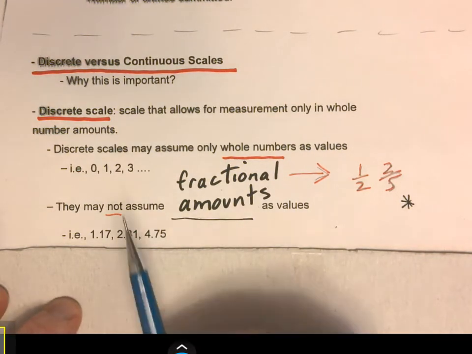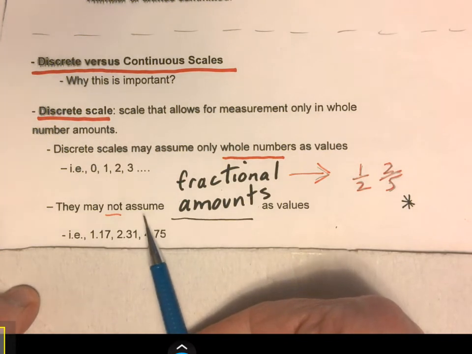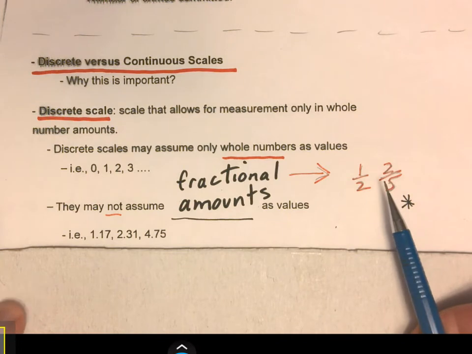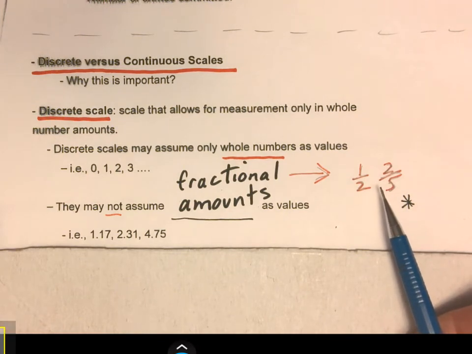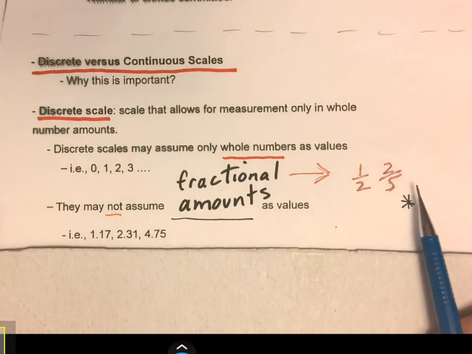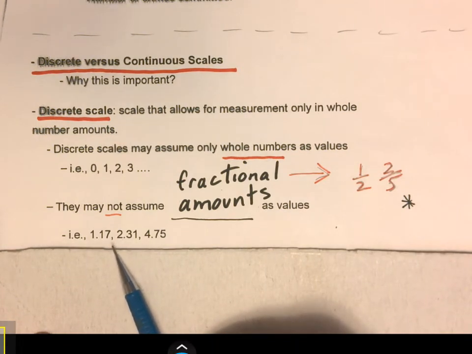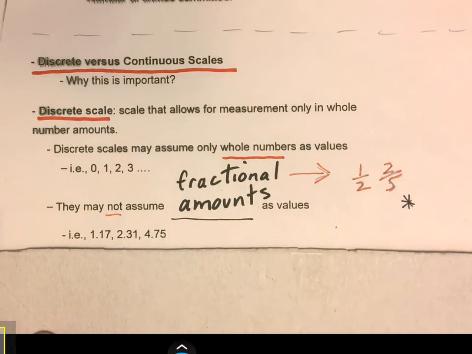If something is a discrete variable, it may not assume fractional amounts. It can't give you scores like 1/2 or 2/5. It can't give you decimal values like 1.17, 2.31. These are not examples of discrete variables.